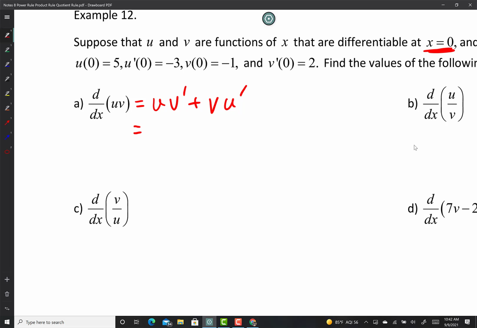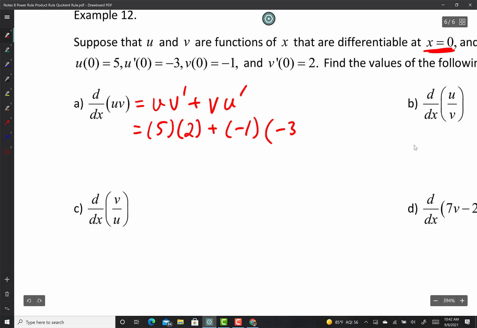So u of 0 is 5. V prime of 0 is 2. Plus v of 0 is -1. And then u prime of 0 is -3, right? Then 5 times 2 is 10. Negative times a negative is a positive, so 3. So I got 13. Are we okay?